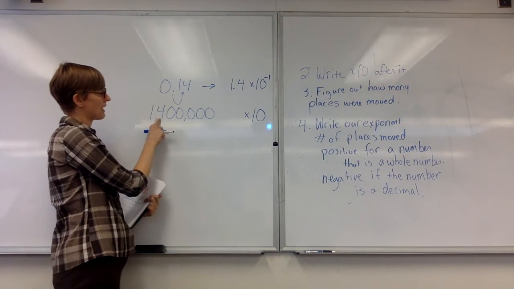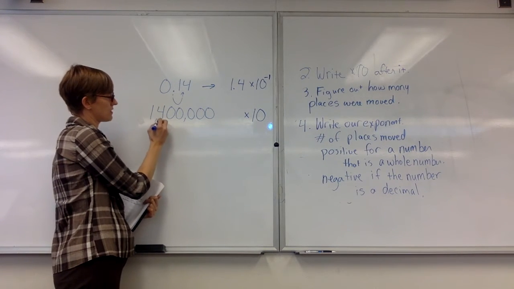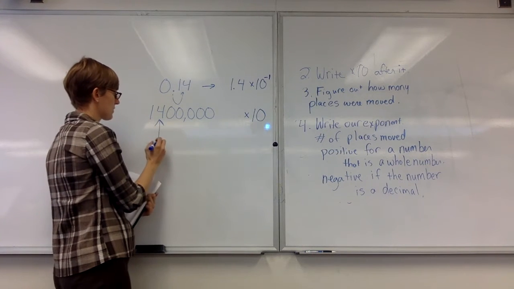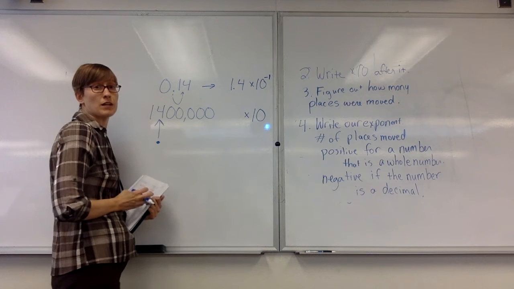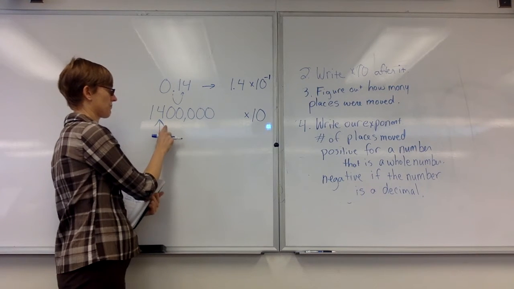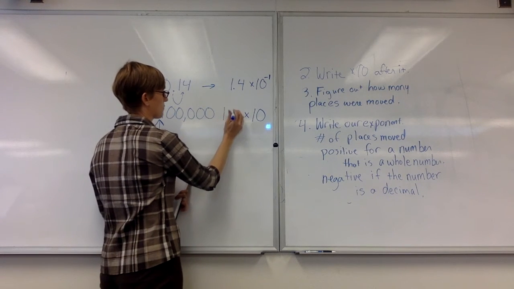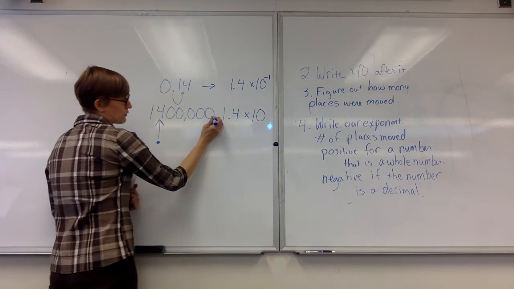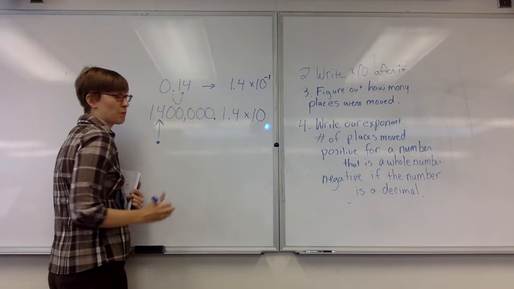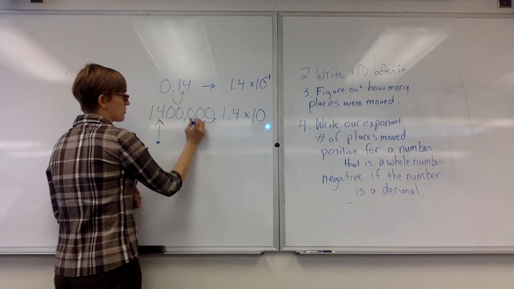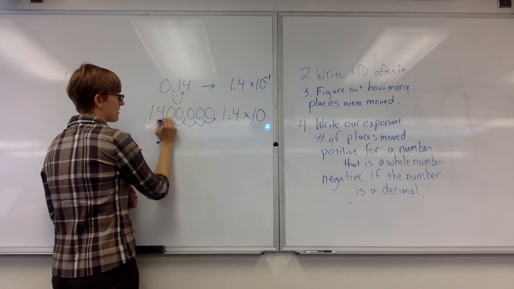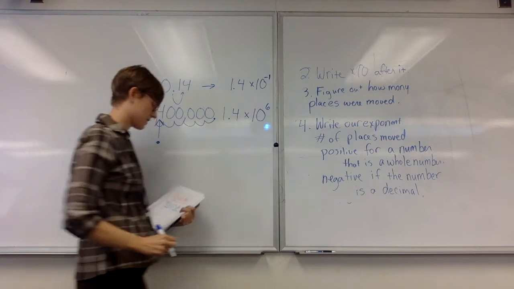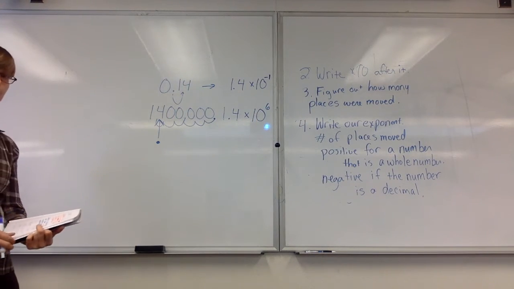To make it so that I have 1 digit in front of the decimal, I need to move my decimal between the 1 and the 4. So I'm going to have 1.4 times 10. So I look at where my decimal originally was, and that's at the end of the number. I move it over 1, 2, 3, 4, 5, 6. So it's going to be 1.4 times 10 to the 6th in scientific notation.